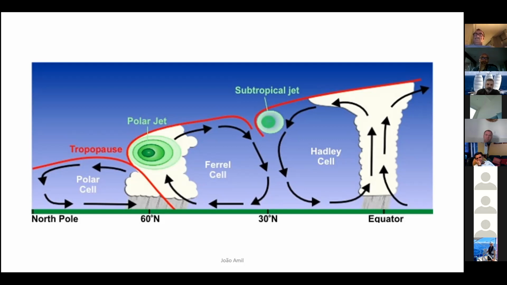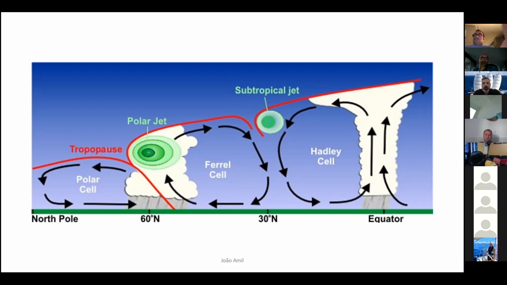Then the poles should be really, really cold, way colder than they actually are, and the equator should be way warmer. In fact, the poles are not that cold, and the equator is not that hot as expected, which means that this heat, this energy is somehow being distributed, pretty much like money. Not everybody gets the same amount, but in a way, part of it is being distributed, not equally, that's for sure.